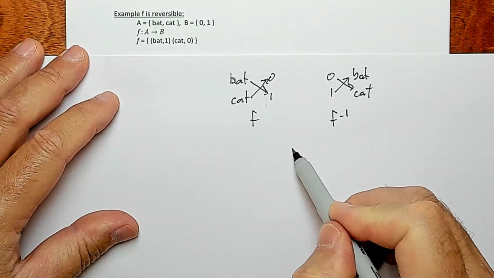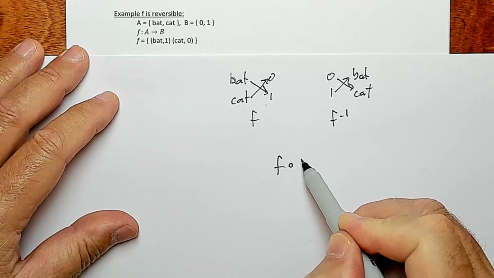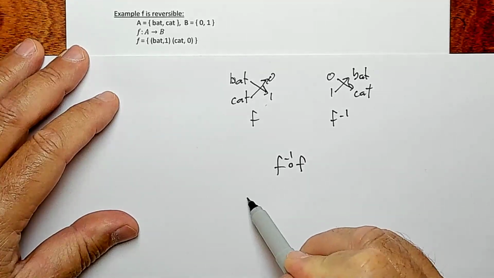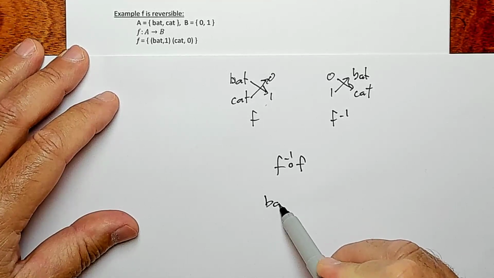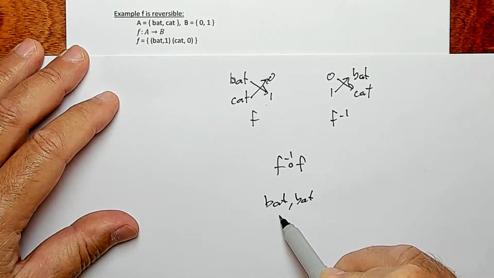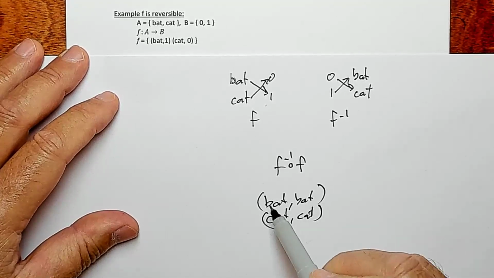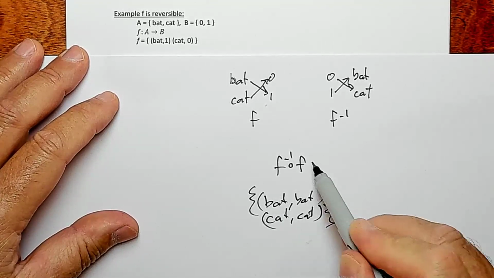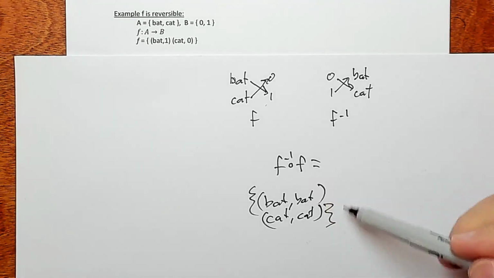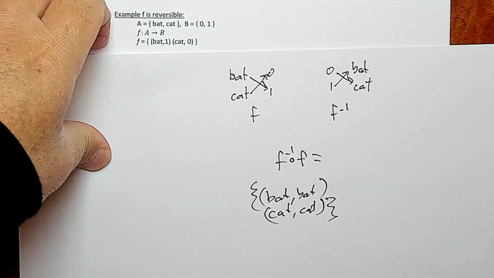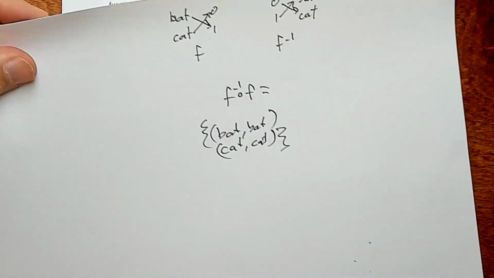And if you do the composition of these, you're just going to get bat to bat and cat to cat. So this guy's reversible. Let's look at one more that is not reversible.